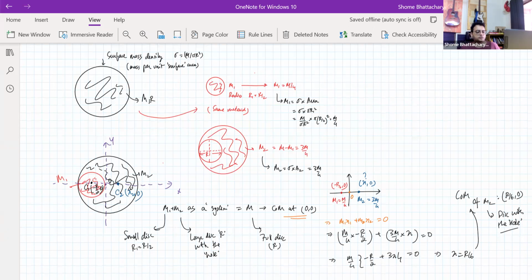So the superposition of the portion cut out with the portion remaining is equal to the uncut disk.